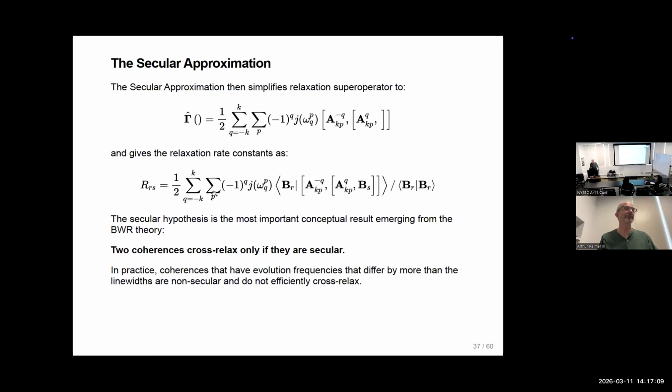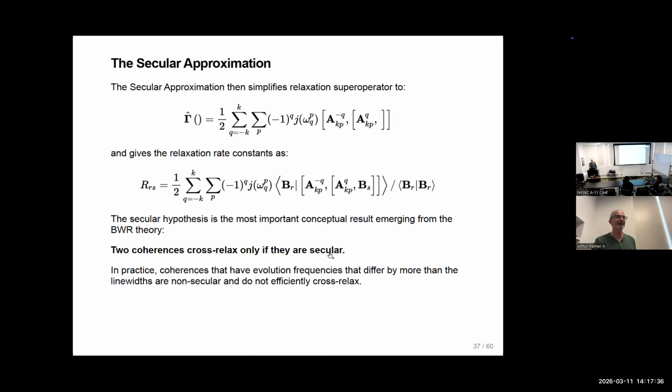Now we just have 2 sums. We started out with 4. We said Q had to be equal to Q prime because of the rotation properties of the spherical harmonics. And then now we've just said the eigenfrequencies have to be degenerate. Otherwise, cross-relaxation is quenched. So having degenerate frequencies is called being secular.